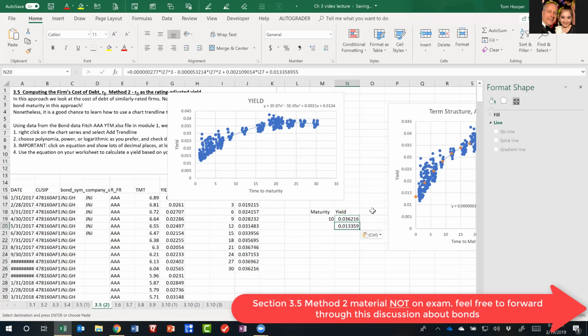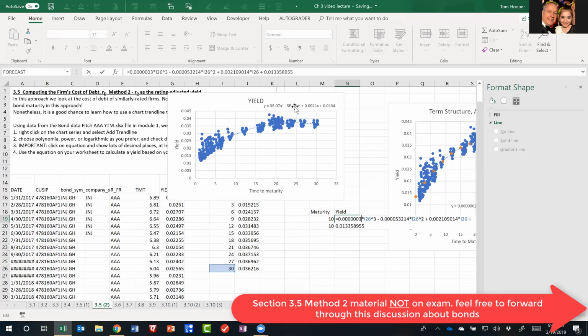And my point here is that right here I'm only showing one significant figure. I'm showing 3 times 10 to the minus 7th, which is this, and 5 times 10 to the minus 5, which is this, and then 21. So I'm leaving off some significant figures the way we've shown this.